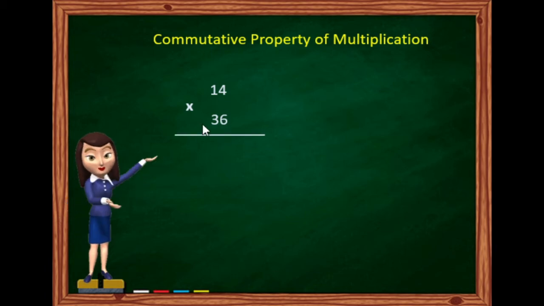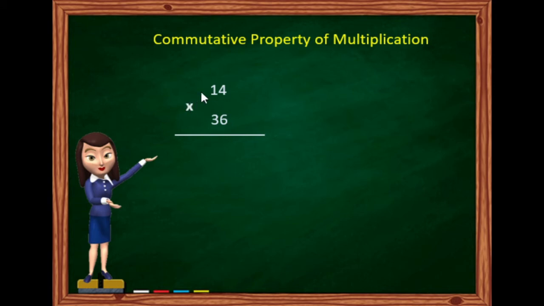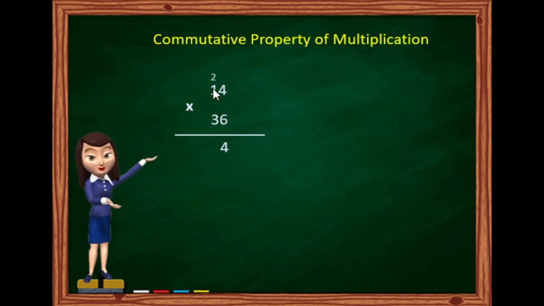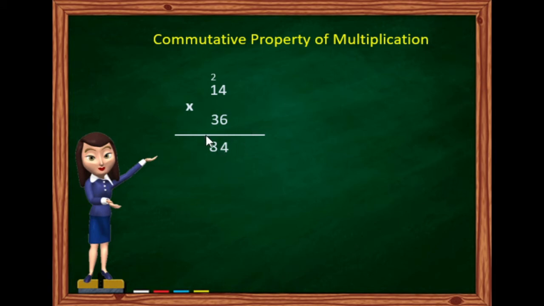Multiply from the rightmost place. 6 times 4 equals 24. Bring down 4 and carry 2. Then 6 times 1 equals 6, plus 2 equals 8. This is our first product.